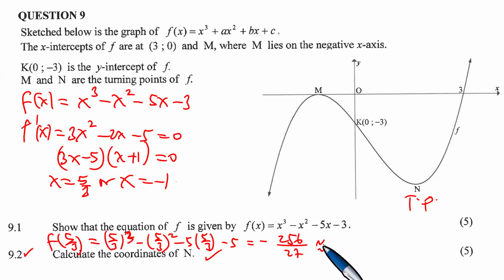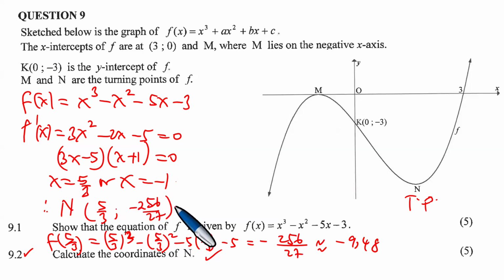This is approximately minus 9,48, meaning the point n has the coordinates x equals 5 out of 3 and y equals minus 256 out of 27. The 5 out of 3 is the same as 1,67, together with minus 9,48.